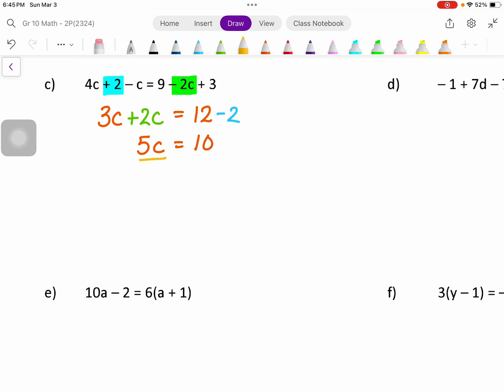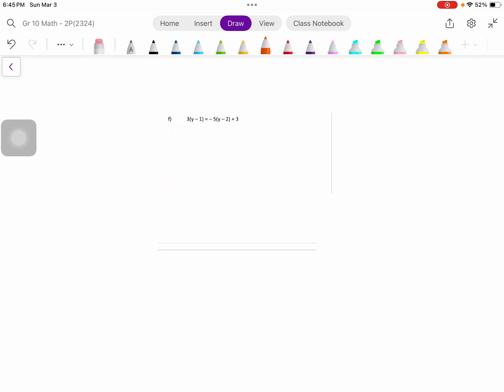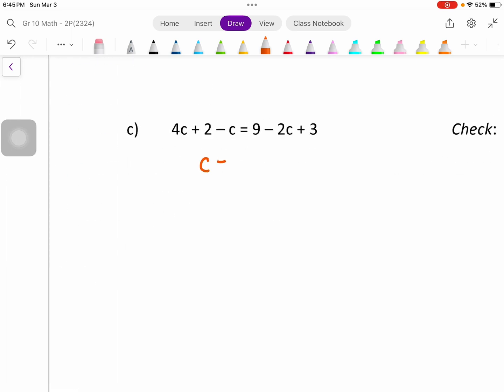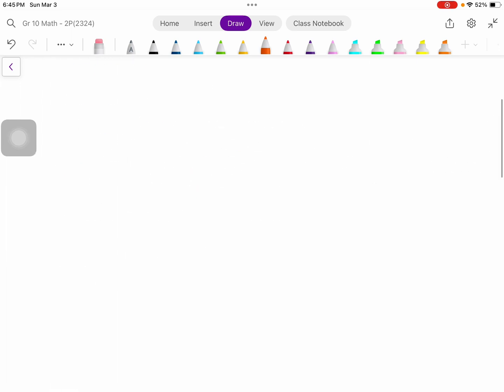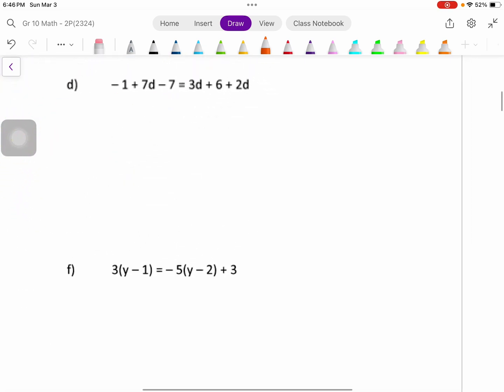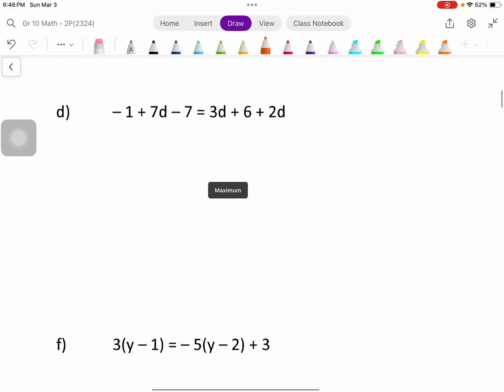Last step is to divide both sides by 5. So 5c divided by 5 is c, or 1c. 10 divided by 5 is 2. So this one's our last question that we're going to use for the checking. C equals 2. So we'll do a few more questions and we'll talk about how we can check our answers to see if we solved correctly.